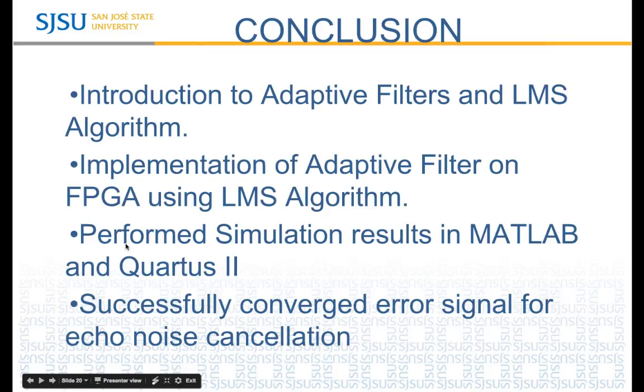So the conclusion that we have at the end is that we gave a brief introduction to adaptive filters and the LMS algorithm. Also, implementation of the adaptive filter on FPGA using the LMS algorithm was done. Then later on, the performed simulation results in MATLAB as well as Quartus show the convergence of the error signal as well as the noise signal.